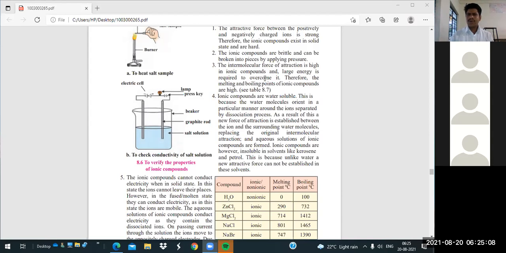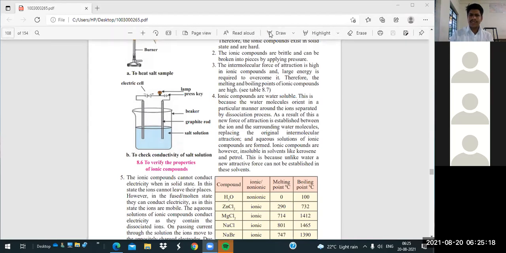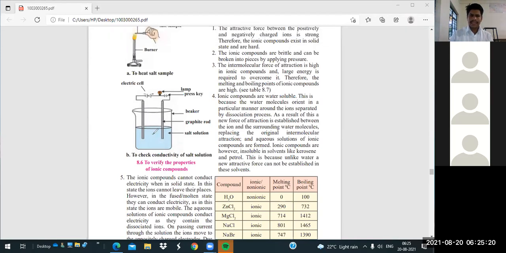Then, ionic compounds are water soluble, because water molecules orient in a particular manner around them. Suppose this compound is there, with these ions, and the water molecules orient like this around them. Due to that, the forces between these ions are dissolved, and they form new intermolecular forces between the water molecules and the ions.